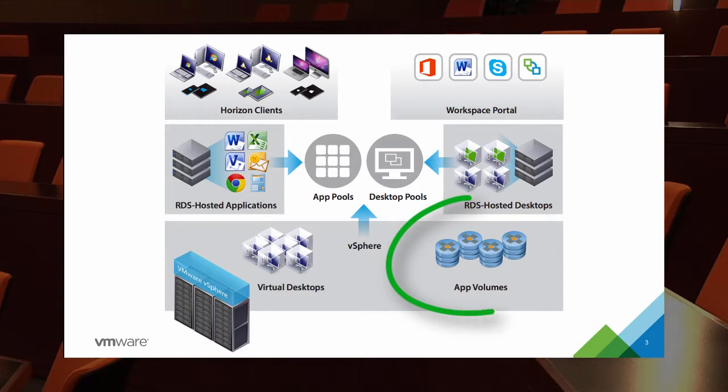AppVolumes fits a very specific use case in here because we're no longer deploying applications one by one. See, even with RDS hosted applications or Workspace Portal, Identity Manager, we're still leveraging applications one at a time. But with AppVolumes, we're able to integrate those applications clearly in groups, and we've made a ton of really cool enhancements inside of AppVolumes 2.10.